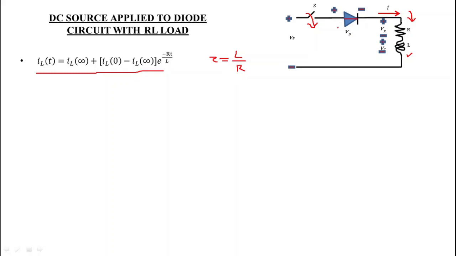So when there is a change in current, this inductor will oppose this change and act as an open circuit. So when this inductor acts as an open circuit, IL(0) is equal to 0.